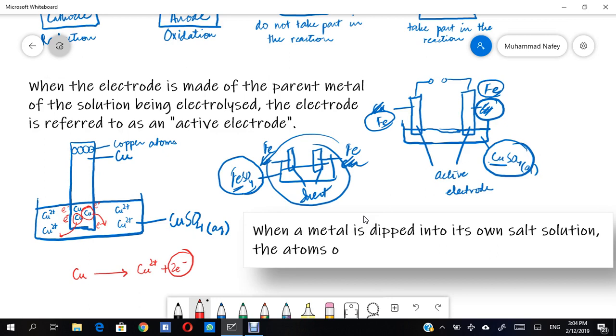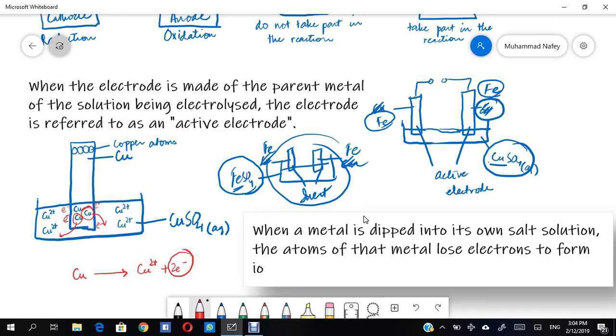The atoms of that metal lose electrons to form ions and move into the solution.